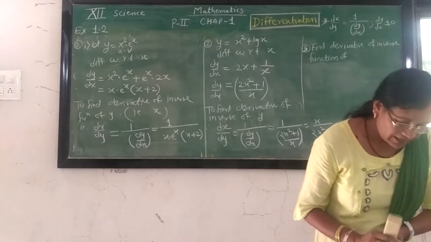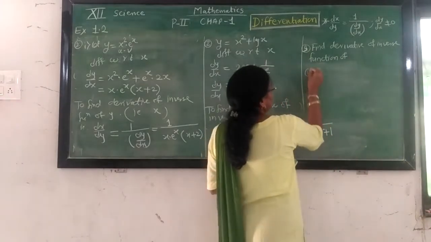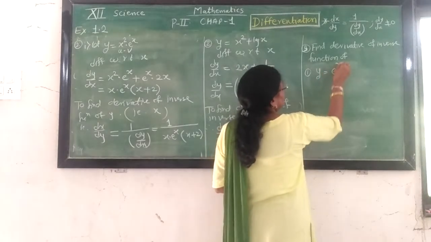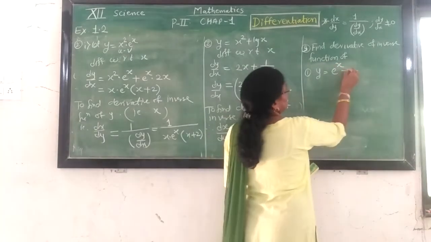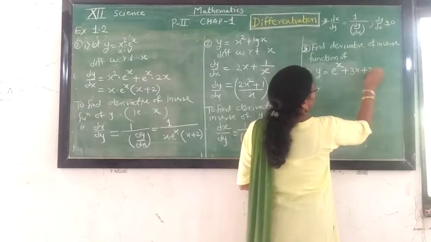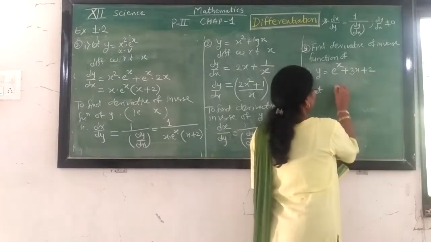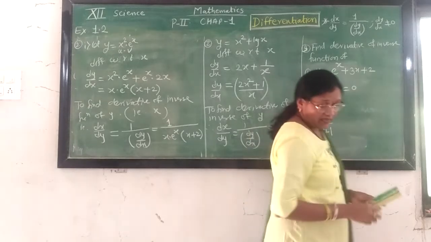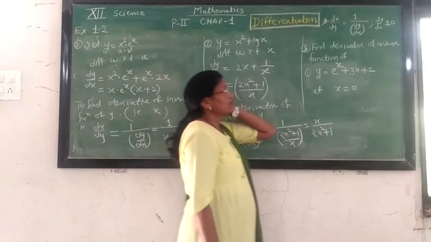So we take the function y is equal to e raised to x plus 3x plus 2, and find this value at x is equal to 0, the derivative of the inverse of the following function.